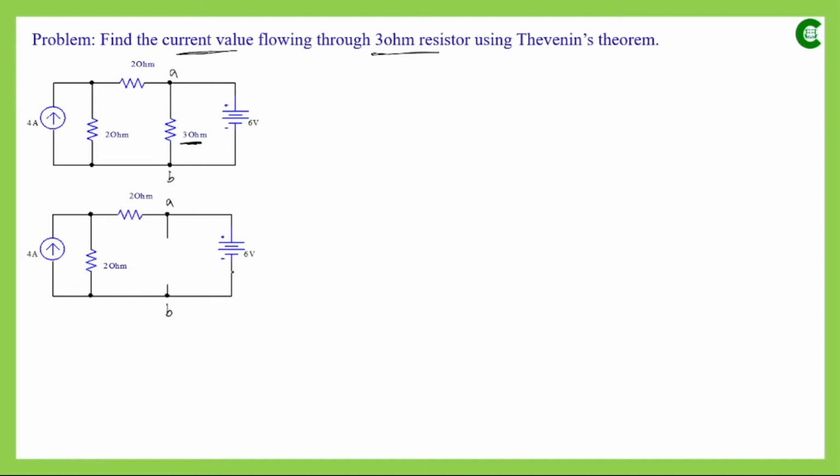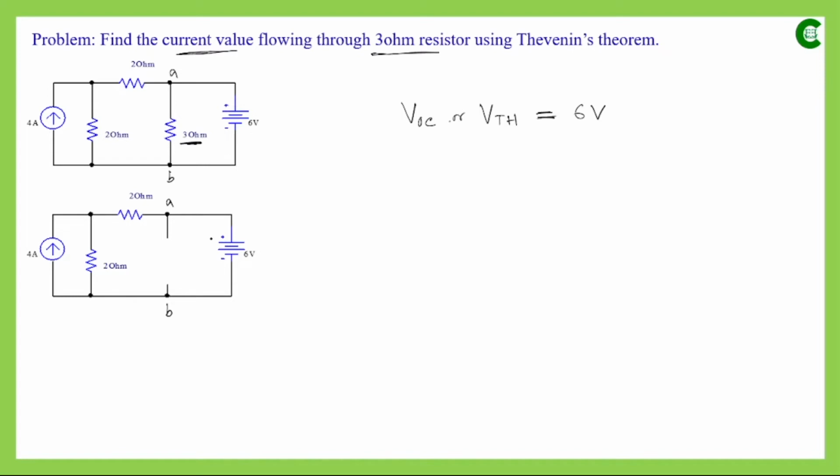Since this voltage source is connected across these two terminals, the open circuit voltage between these two terminals will be the value of this voltage source only. So VOC, the open circuit voltage, or VTH, Thevenin's equivalent voltage, will be simply 6 volt. We don't have to do any more calculation to find this value for this particular circuit.